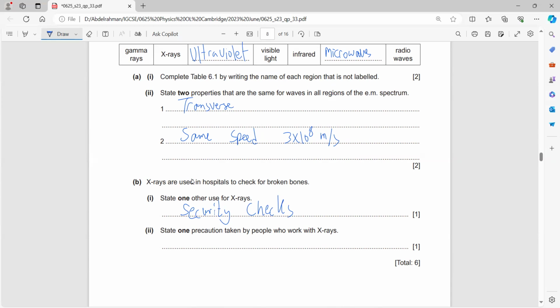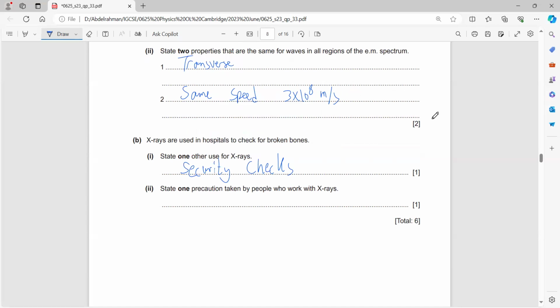One precaution taken by people who work with X-rays.